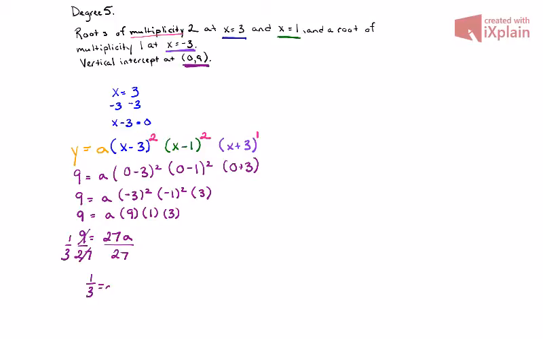So a is equal to 1/3. I'm going to rewrite my final product in function notation as well. f of x is equal to 1/3 times the quantity x minus 3 squared times the quantity x minus 1 squared times the quantity x plus 3.